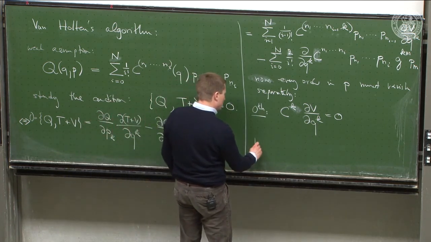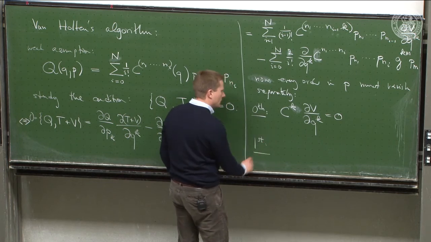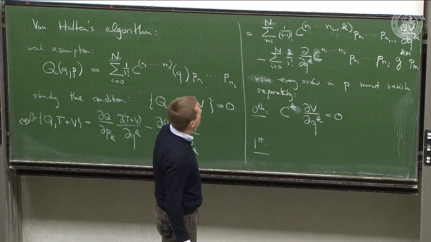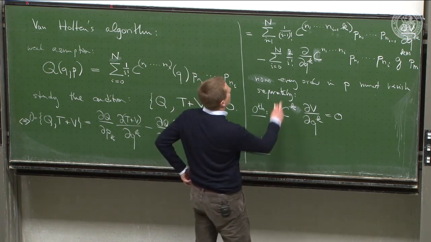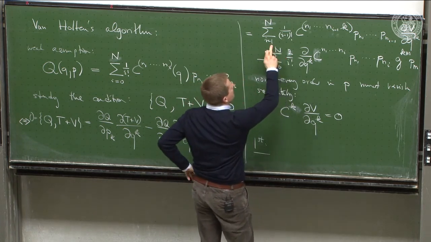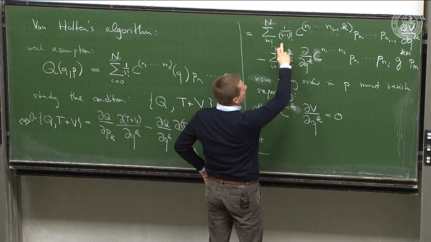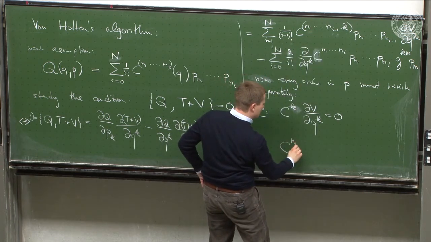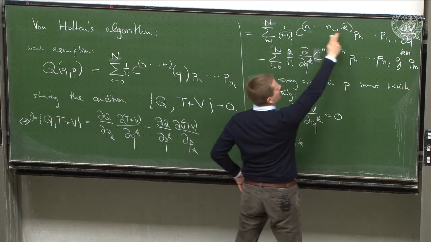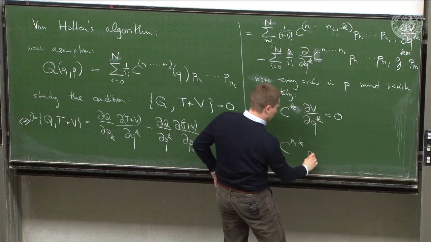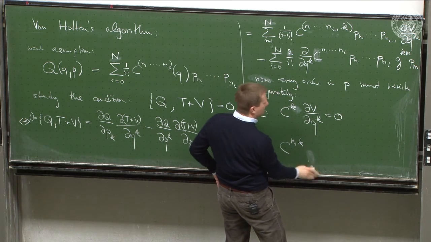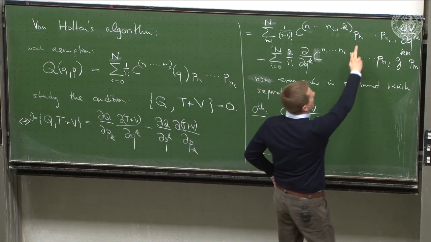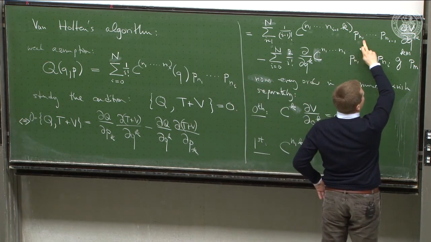Now let's write down the 1st order equation to get some familiarity with this. The 1st order one is obviously the one where I equals 2. So it's 1 over 1 factorial. I equals 2, so I have a C_{n1 k}. There is a P_{n1}, there is 1 p, labeled n1.